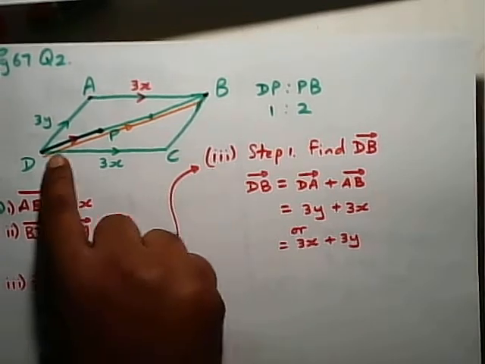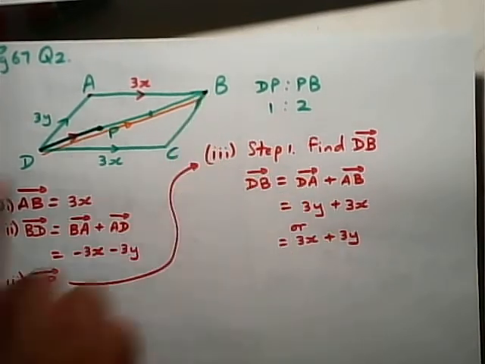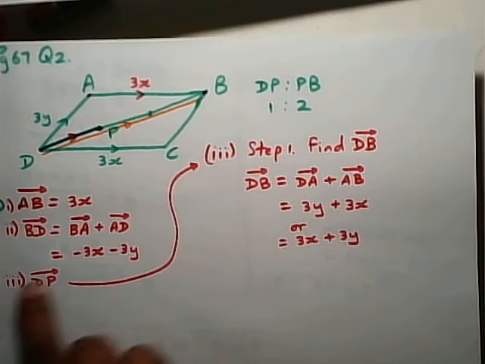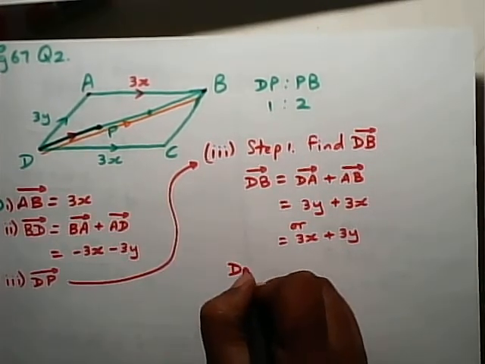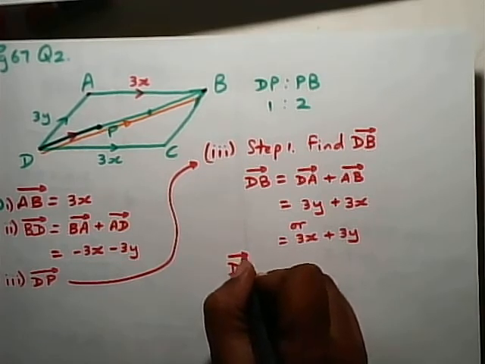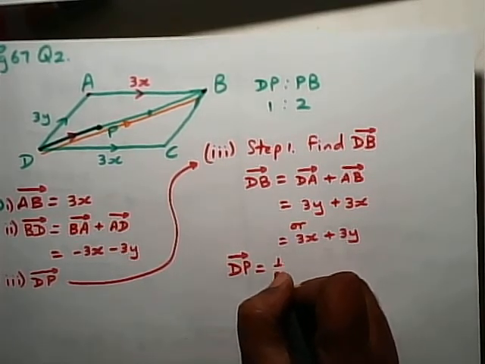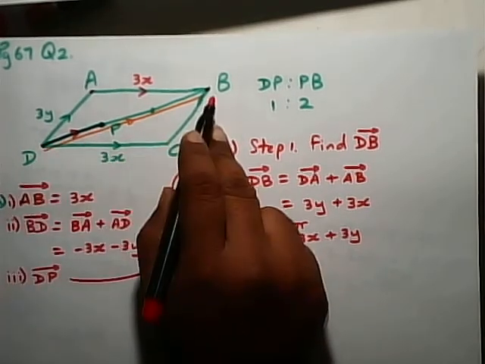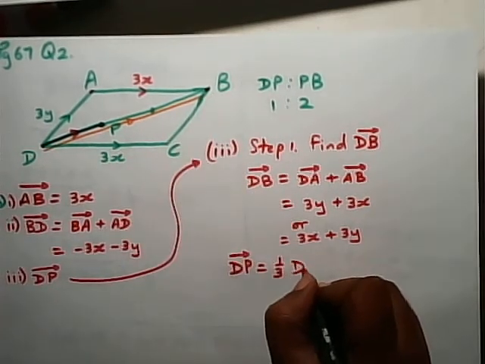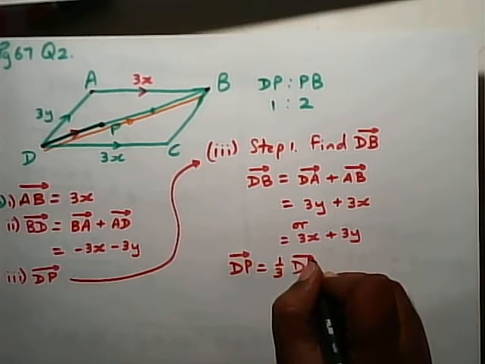So if we know DB and the question asks us for DP, DP is equal to one third of the DB arrow.